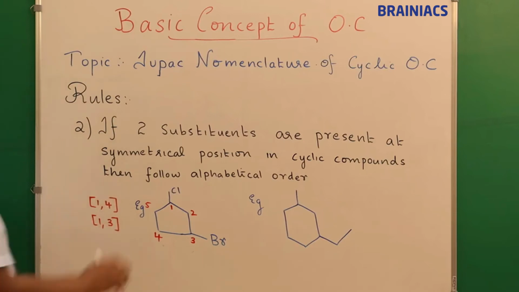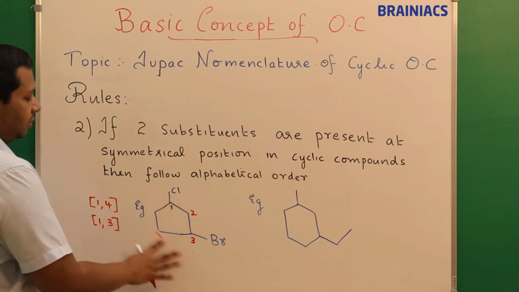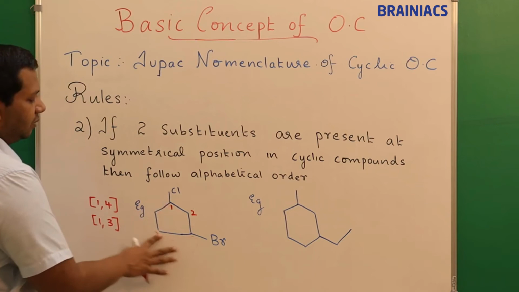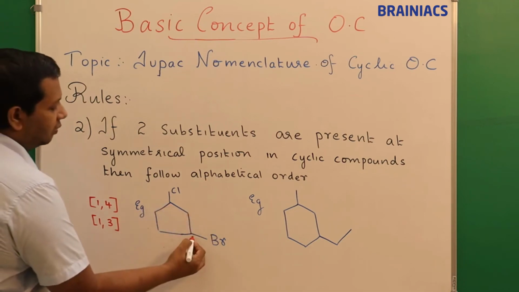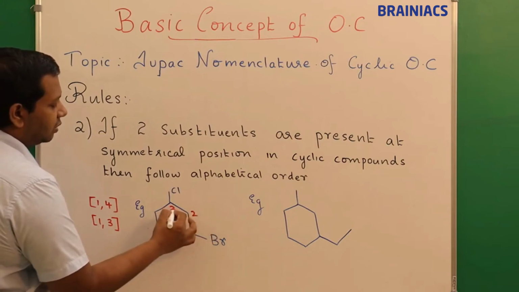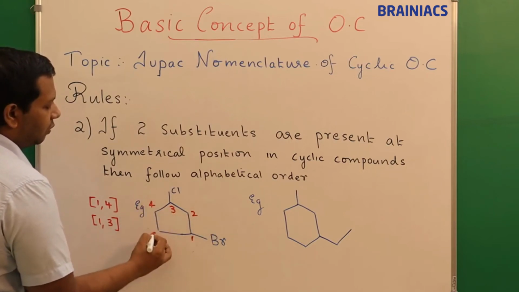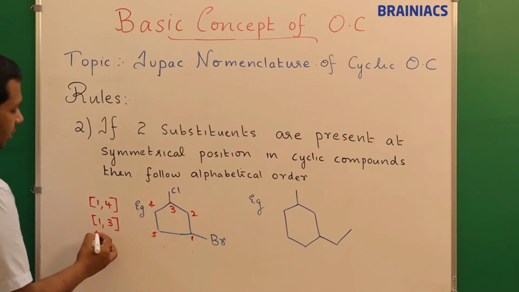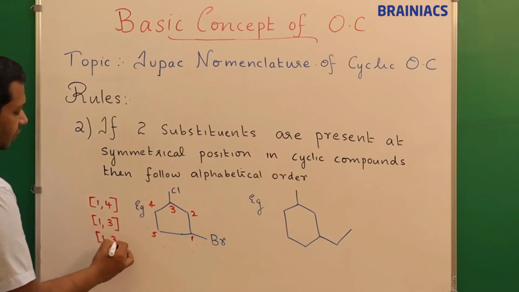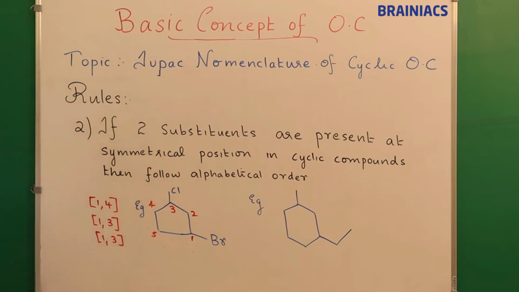Now there is a third person who came and for him he did something like this. He gave 1 here, 2 here, 3 here, 4 here, 5 here. Now again I am looking at the locant set. This becomes 1, 3. Now tell me which one you will prefer.